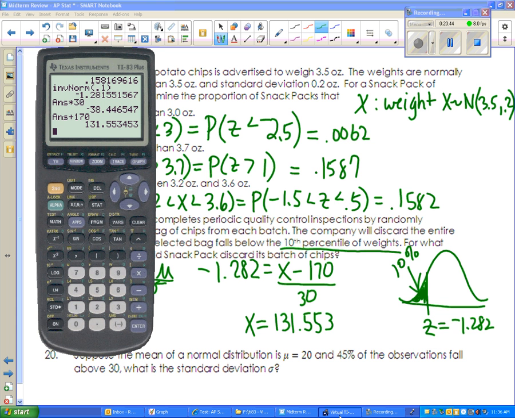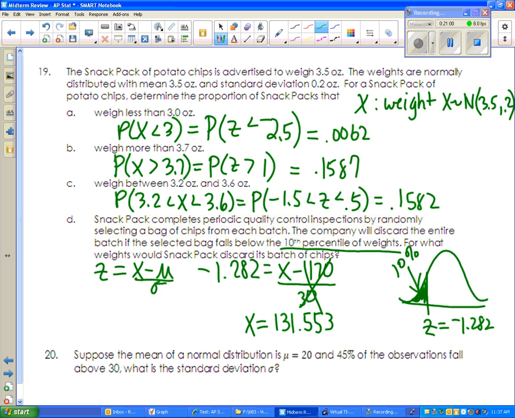Is that right? I did something wrong. I was using the mean and standard deviation from the previous problem. Whoops. All right, so we know that negative 1.282 is equal to x minus the mean, I'm sorry, the mean of this distribution is 3.5, and the standard deviation is 0.2.